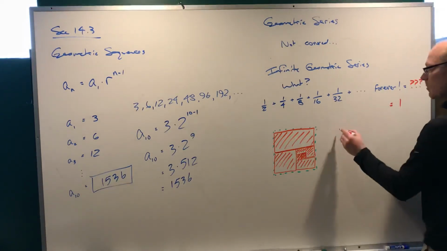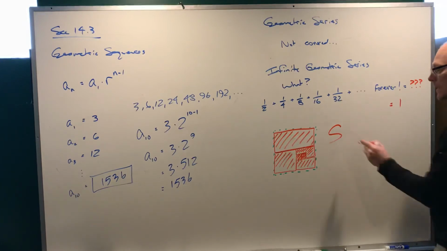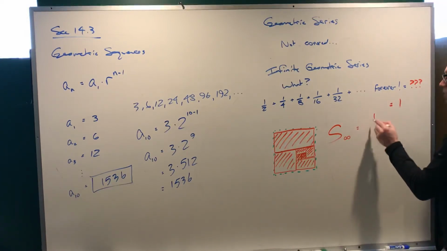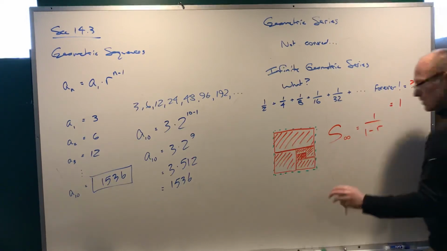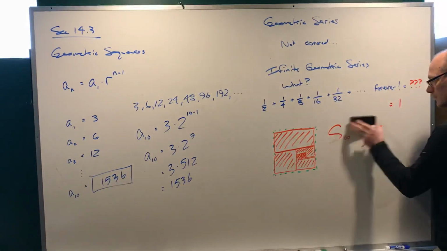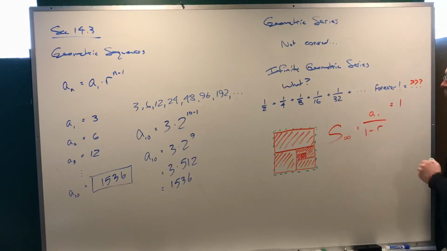And it's according to this formula. And I don't think you can use Desmos. I don't think there's an infinity button. But the sum of the infinite number of terms is a1 divided by 1 minus r. Sorry, I think it's a1. My bad. I really should look this up. a1 divided by 1 minus r. I don't even know where my book is.